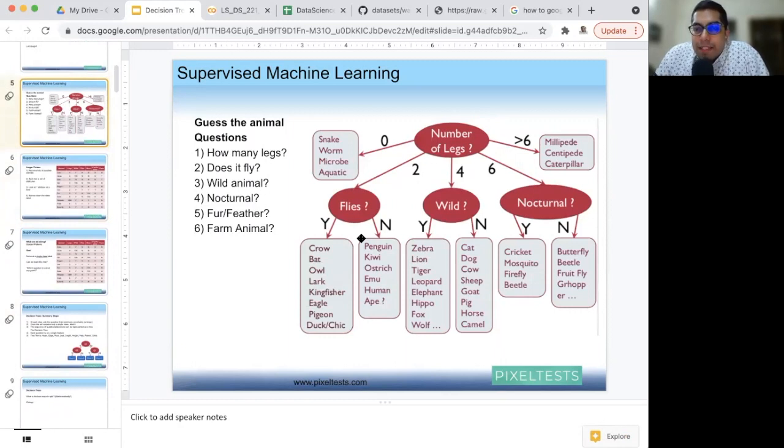So first off, I'm asking a question. Can I make the top of the tree flies? Or can I make the top of the tree as, does the animal fly?